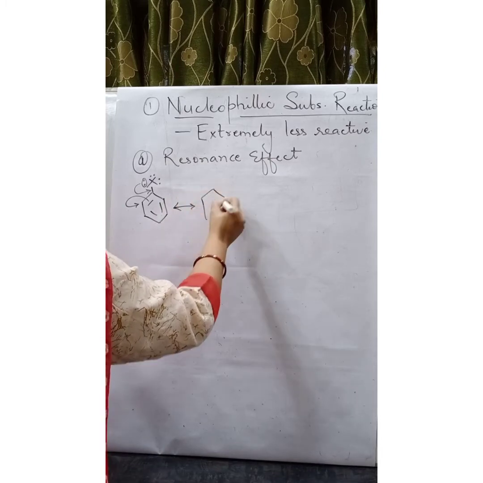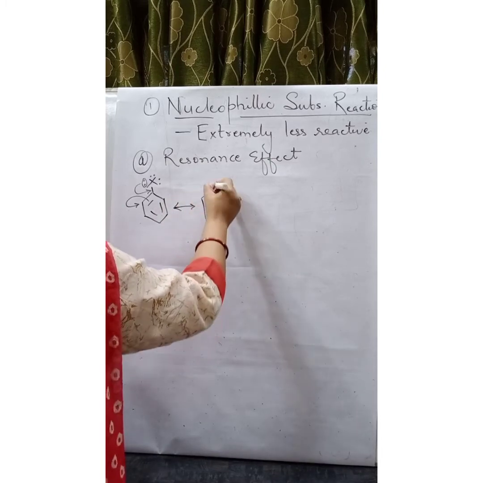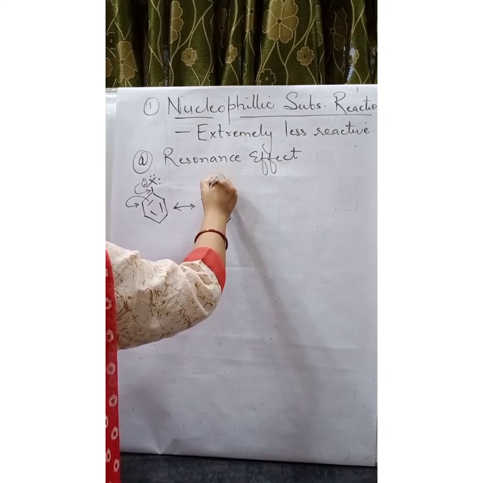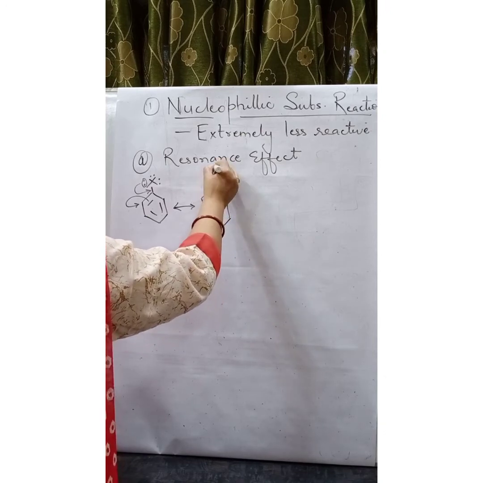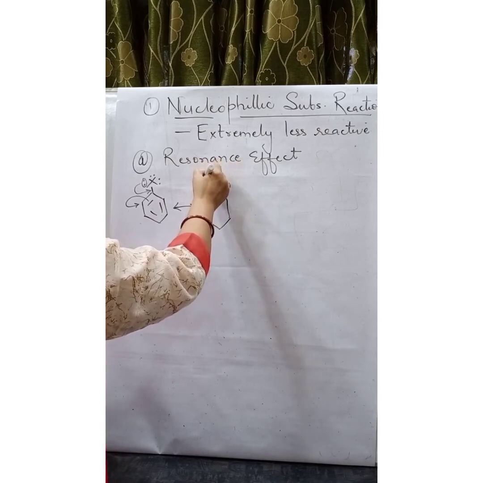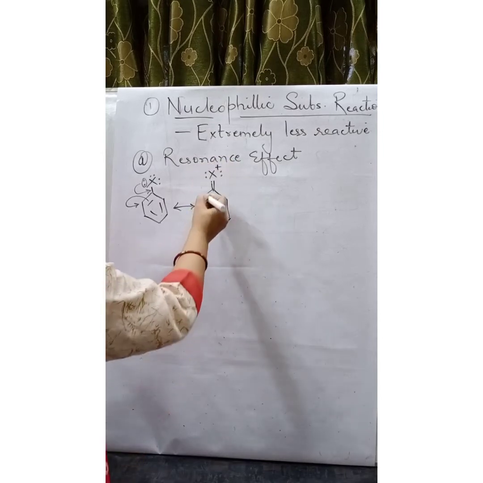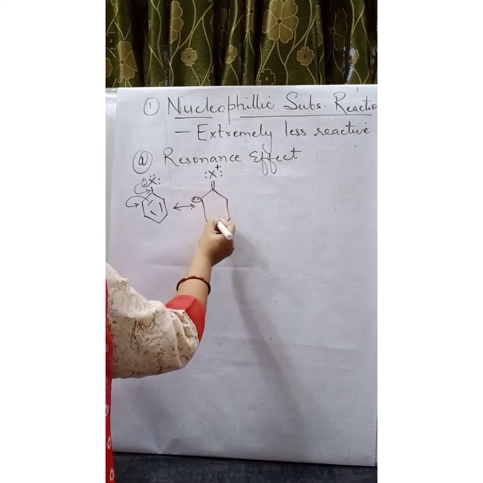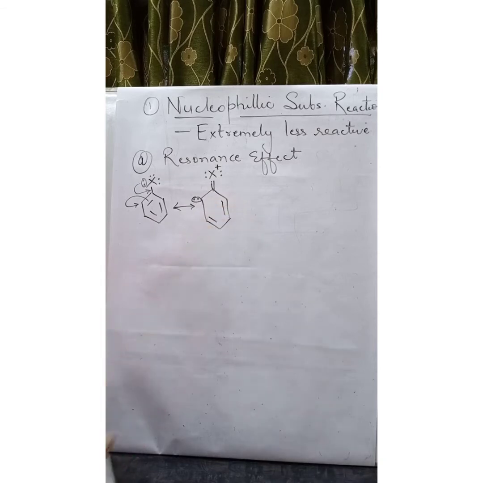So you will notice that a double bond is being formed here. Halogen develops a positive charge because it is now deficient of an electron pair. Here the bond has broken, so it forms one lone pair and the rest of the bonds are the same.